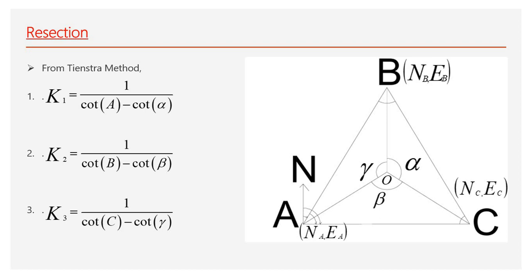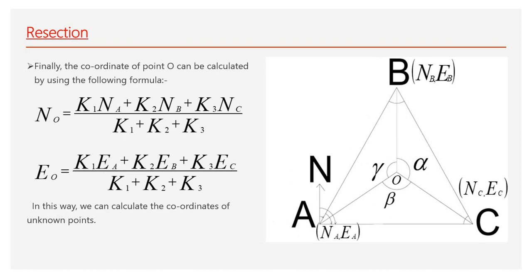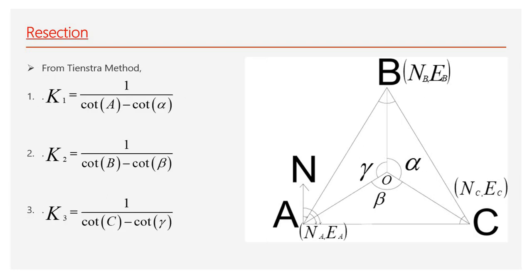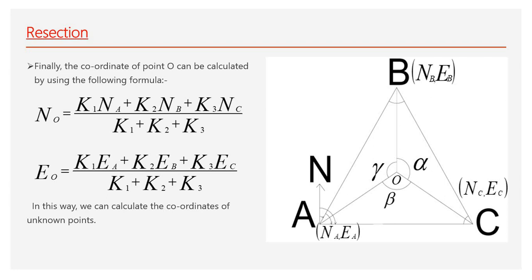These coefficients will be used in this formula. Finally, the coordinate of point O can be calculated using the following formula. For calculating the northing and easting of the unknown point, northing equals K1 into NA plus K2 into NB plus K3 into NC divided by K1 plus K2 plus K3.